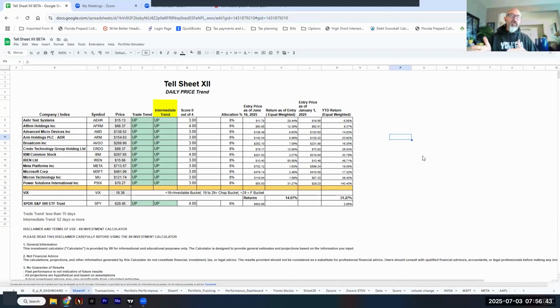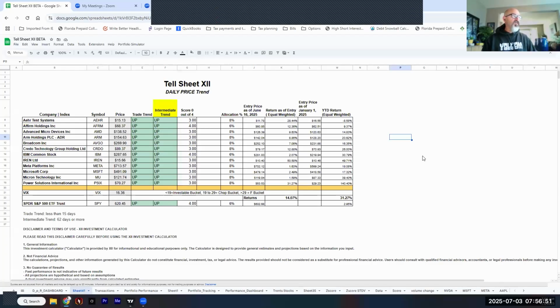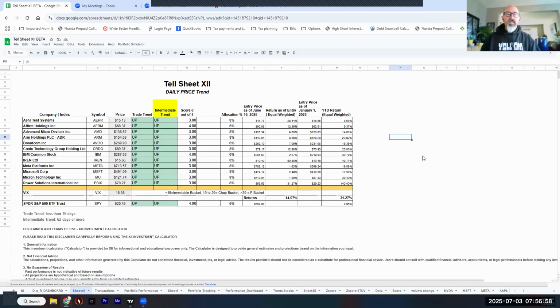So I'm willing to share two of the elements of how I make up the score, which are the trade and intermediate trend lines. The other two, I'm not going to give away. That's the black box.